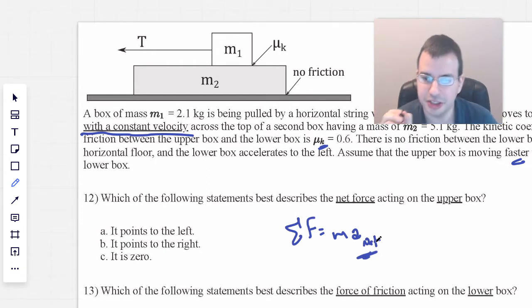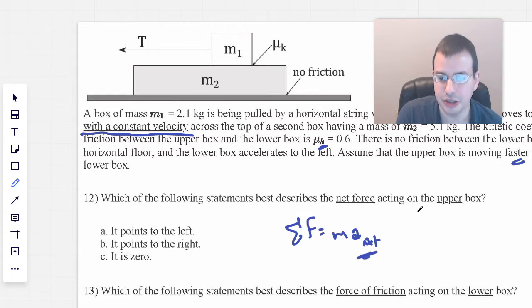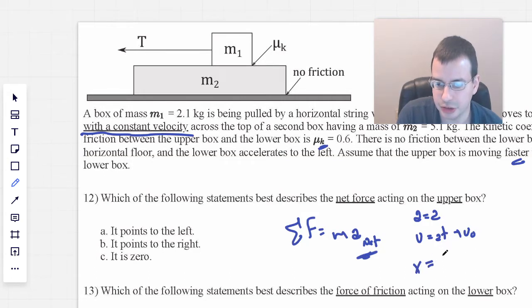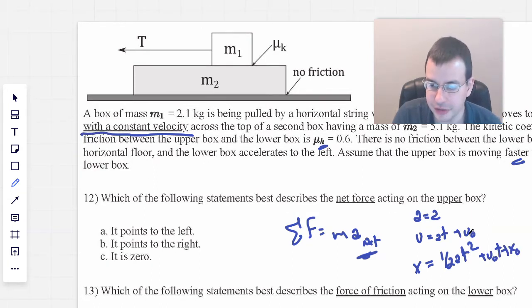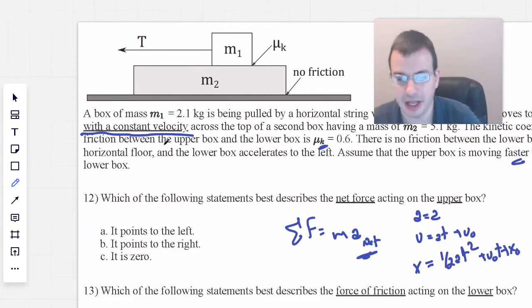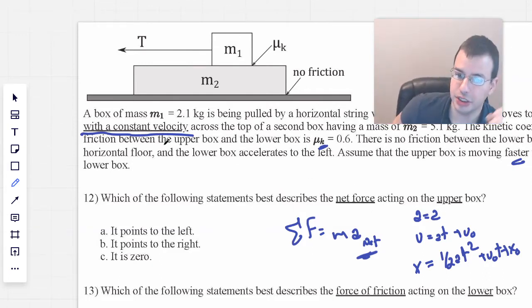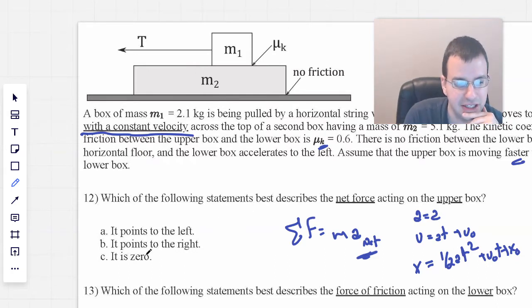If it's moving with a constant velocity, you can see this from the kinematic equations: v equals at plus v naught, and x equals 1/2 at squared plus v naught t plus x naught. Looking at the first equation, if v and v naught are the same, then your acceleration has to be 0. So a constant velocity implies 0 acceleration, which implies the net force is 0.